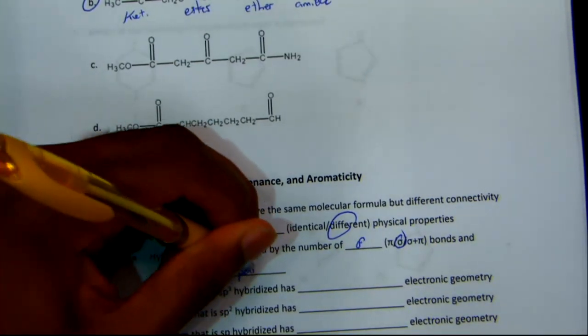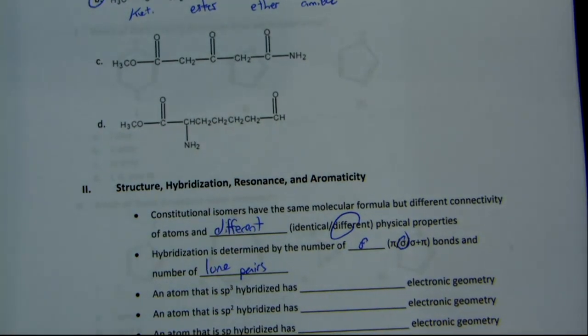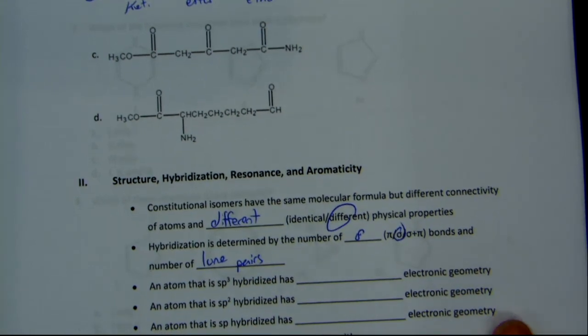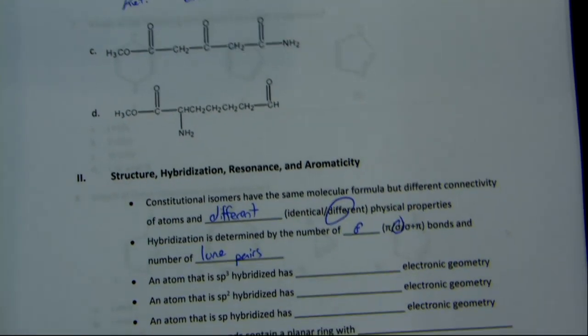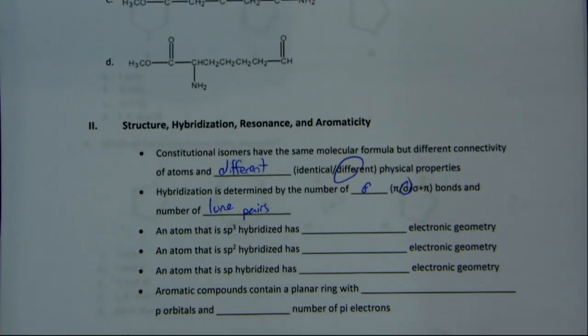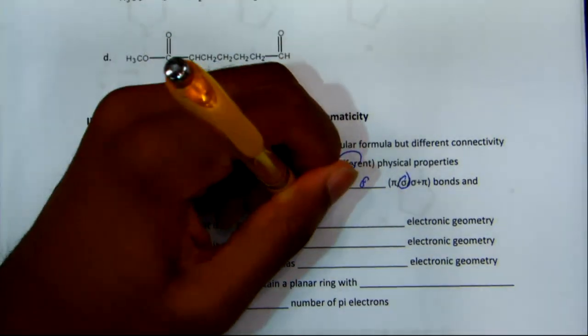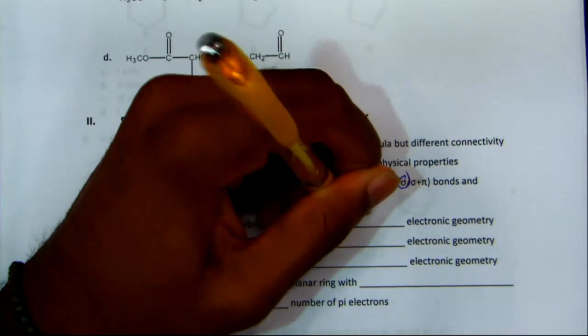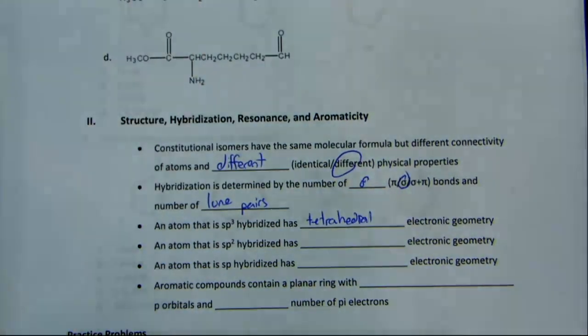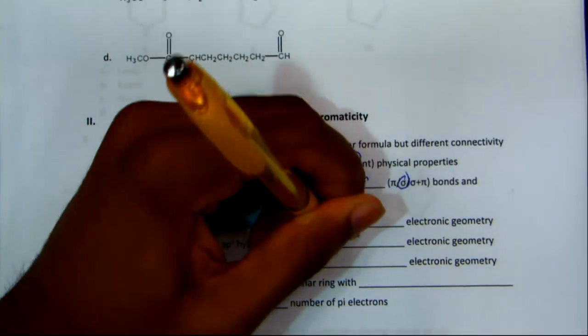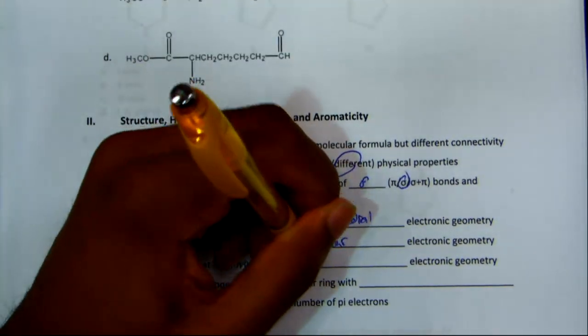Nothing else matters. An sp3 hybridized atom is Orgo 1 and GenChem stuff, which is once again everybody's favorite and a throwback. This one's going to be tetrahedral. The sp2 will be planar, and this one will be linear.